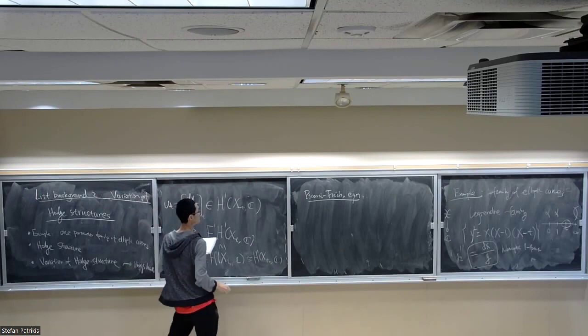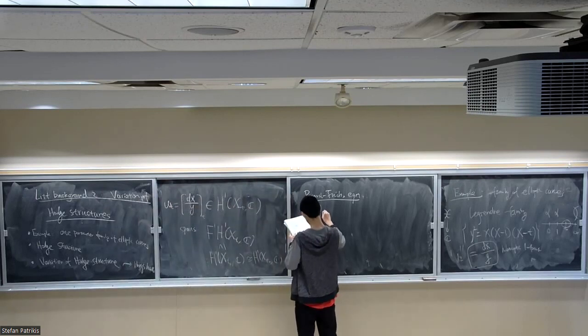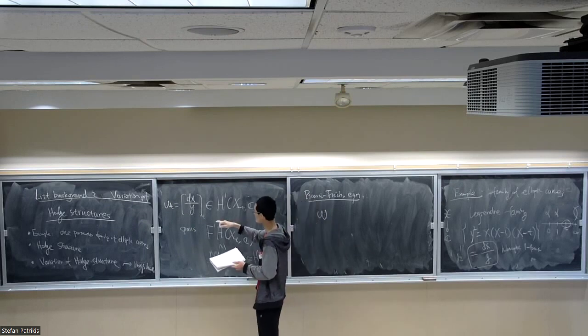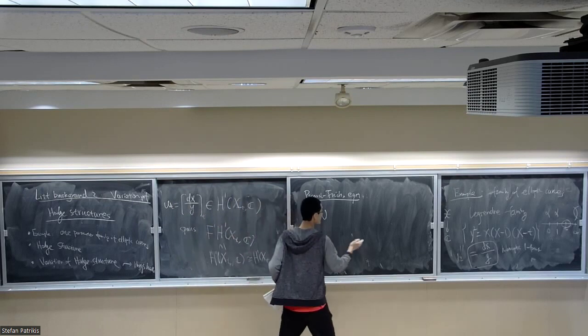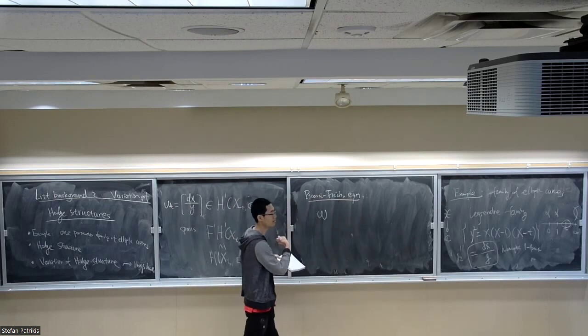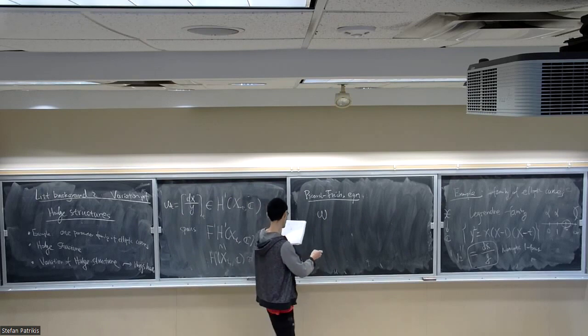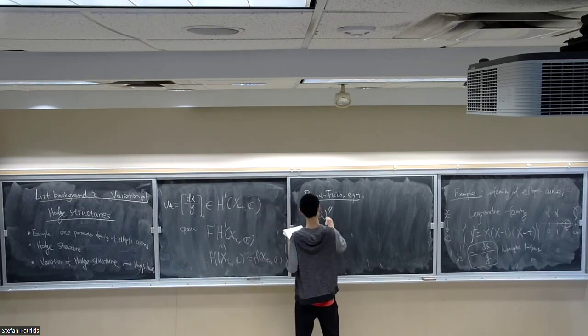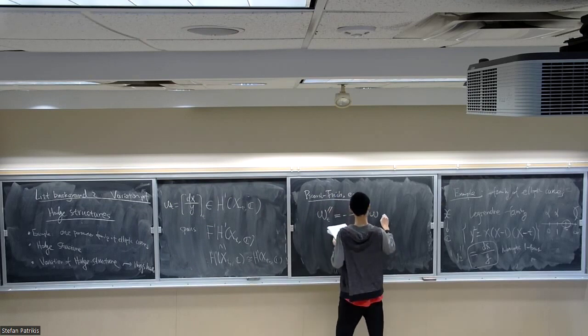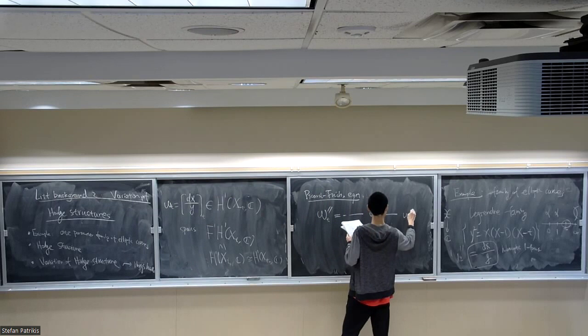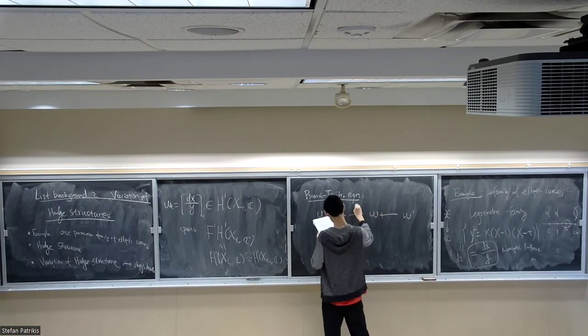The equation depends on t, so it makes sense to take the derivative with respect to t. It turns out that if you take the second order derivative, it's going to depend on the first order derivative and the zeroth order. So it's like this.